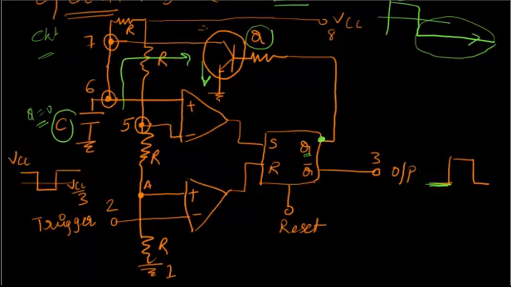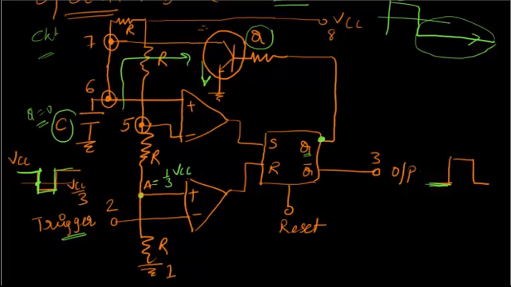Now let us start the operation. When we apply a trigger voltage, suppose this is the trigger voltage, we are applying a low going pulse. Up to this point, this voltage, remember, is equal to 1/3 VCC, isn't it?